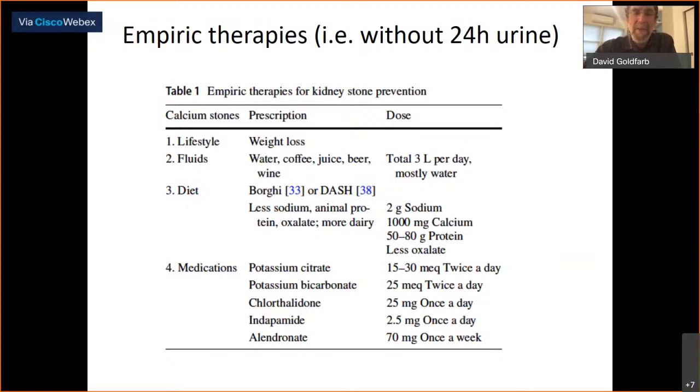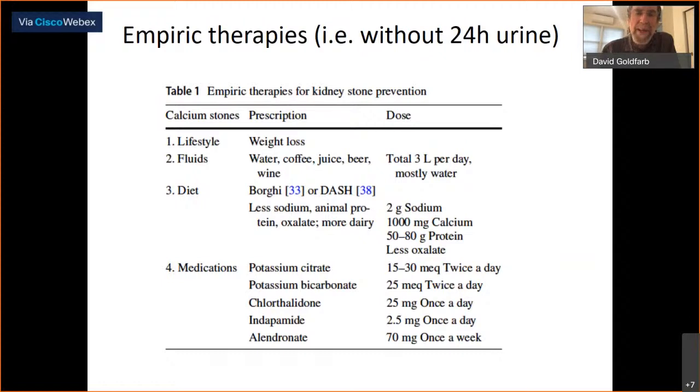And then it's possible to prescribe medications not based on a 24-hour urine collection, but simply based on the fact that you have a kidney stone. And both Glenn and Mahesh were open to this possibility. You can certainly give people more citrate, potassium bicarbonate, and it's even possible, and I'll show you why, to prescribe a thiazide in a calcium stone former, to prescribe chlorthalidone or indapamide in order to reduce urine calcium and prevent kidney stones.